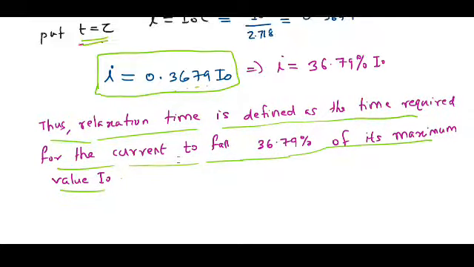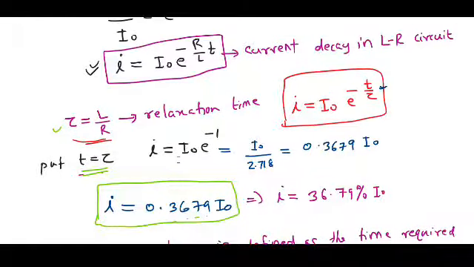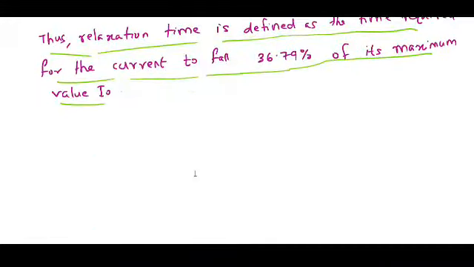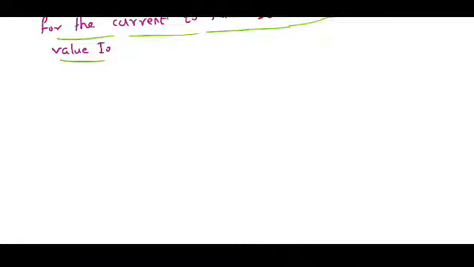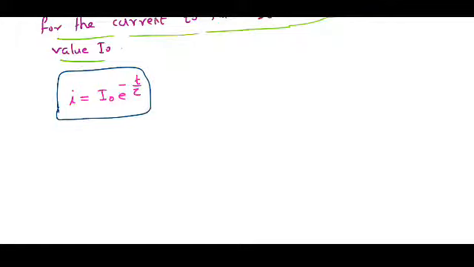Now I want to plot this equation, that is I is equal to I0 e power minus t by tau. I copy that equation here. When the time goes to infinity, what will be this I?